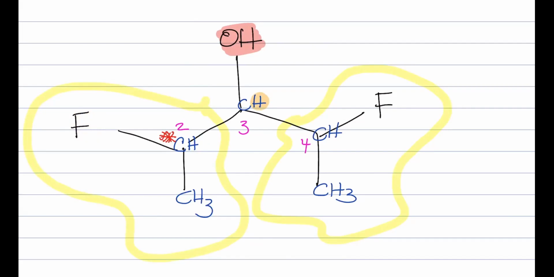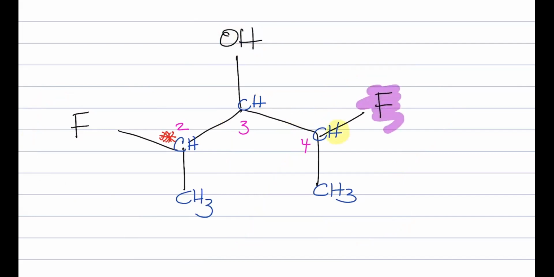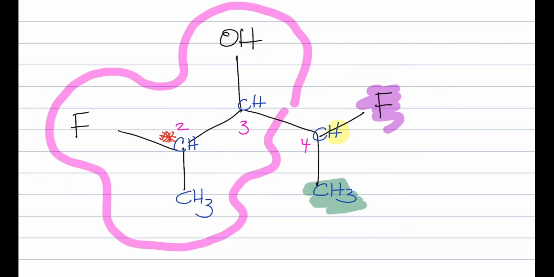Carbon 4 has a similar situation to carbon 2, in which your 4 different groups is going to be the hydrogen, the fluorine, the methyl, and the rest of the molecule.